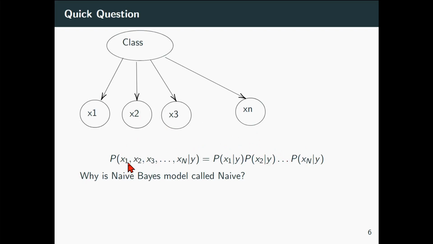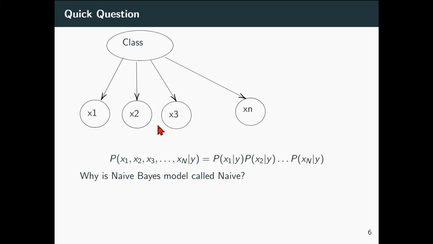The probability of x1 through xn given y, or in fact you could just do the joint probability and divide by the normalization constant, the probability of y. Either way, you can write this in terms of the probability of x1 given its parent, which is just the class y, the probability of x2 given the parent class y, and so on and so forth.